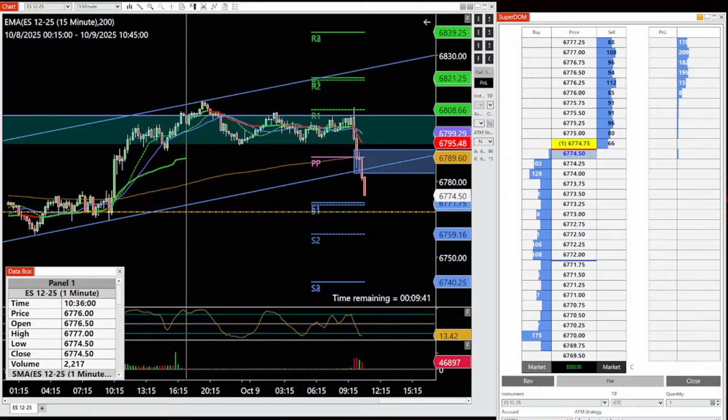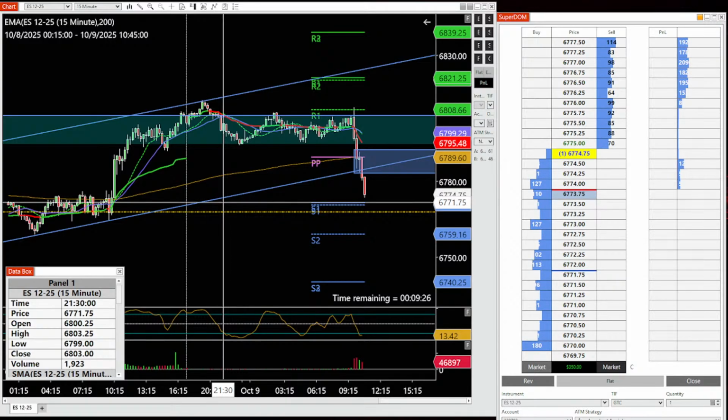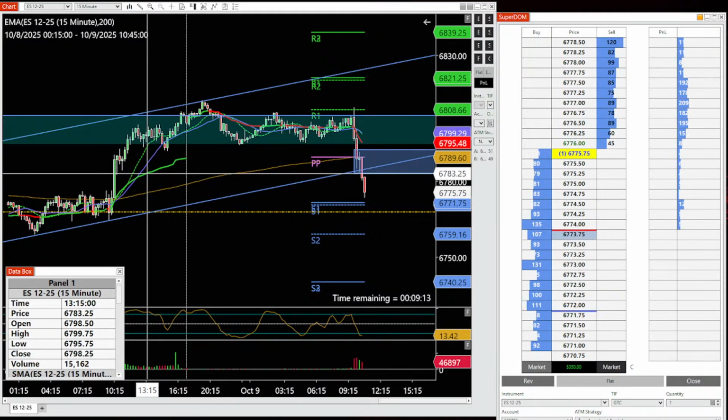Up there to 75. Target hit. Didn't take it. Should have taken it. S1, 71. 73 to 73, 10 points.